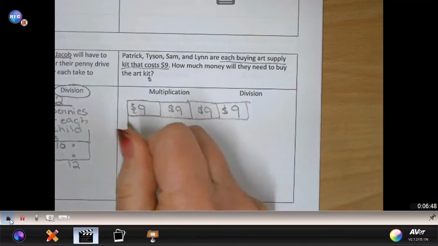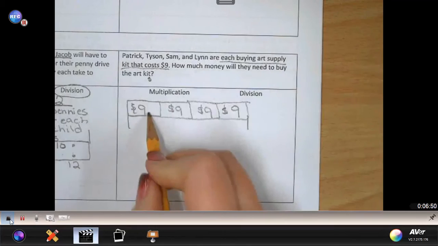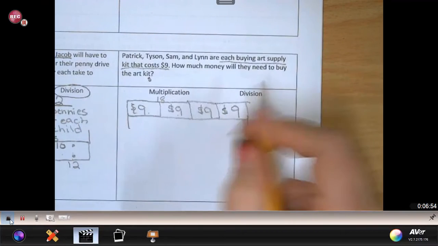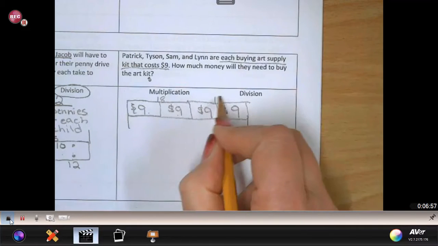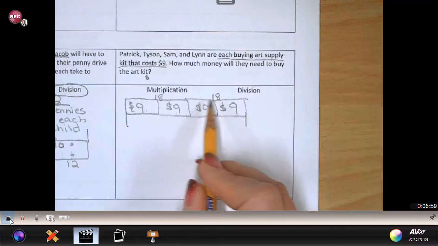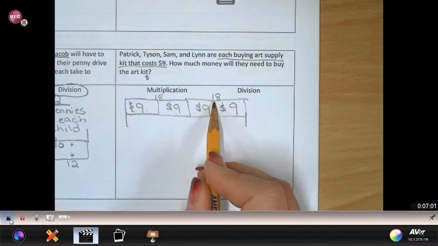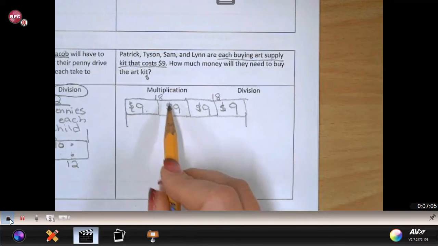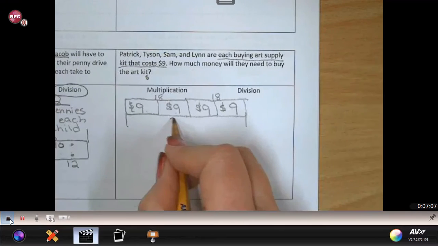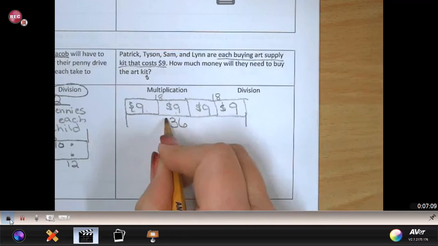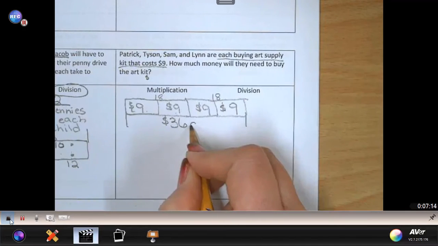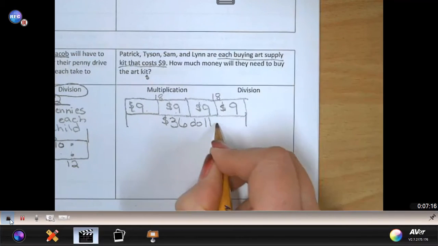Well, together they are going to need 9 plus 9 is 18. So that's 2 groups of 9, and another 2 groups of 9 would be 18. And 10 and 10 is 20, and 8 and 8 make 16. So I take the 20 and the 16, put it together, and I have $36 that they need together, total.